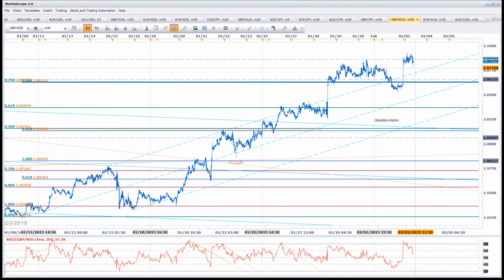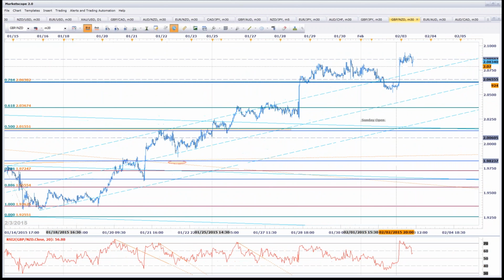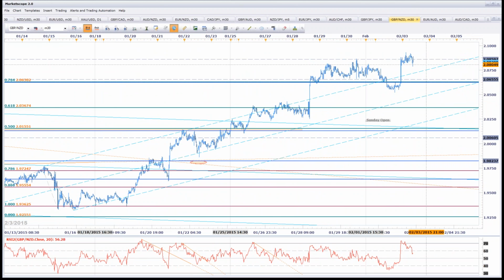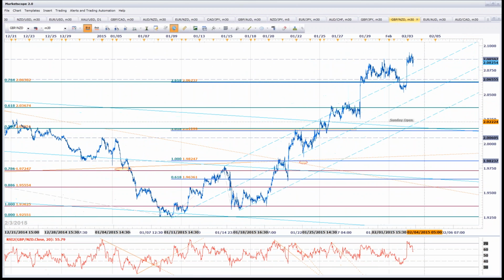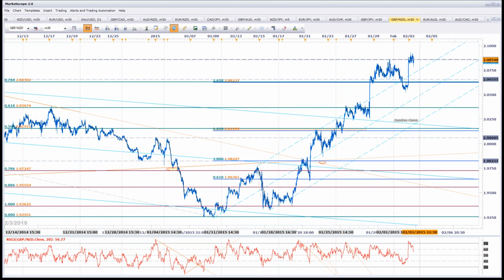Okay, so here's the weekly opening range. Let's get that 209.10 region. We don't need this.